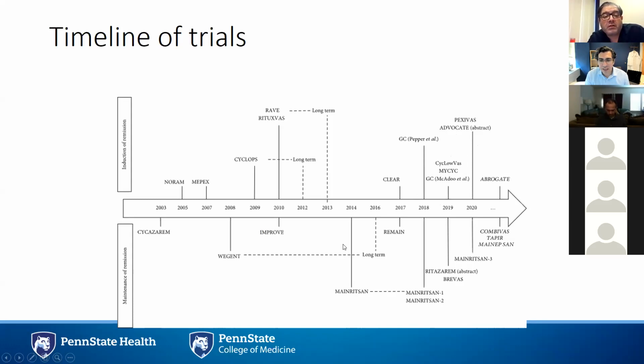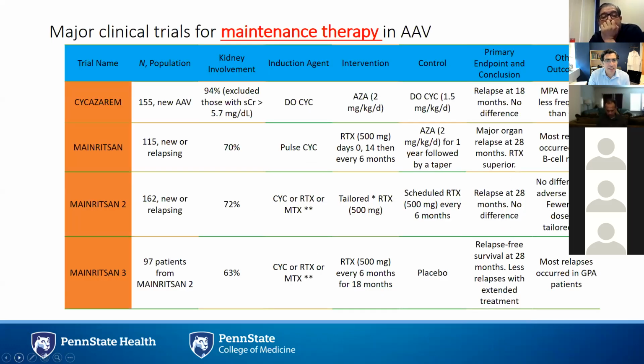Whereas you can see that simultaneously the maintenance of remission trials, which are below the timeline arrow, so Cycazerum, the Wegenet, the Improved trial, Remain, and then this MAINRITSAN, which is 1, 2, and then now 3 as well. So I will discuss some of these in my follow-up slides. So Irfan, please let me know whenever you want me to unshare, but I will go to the maintenance therapy trial.